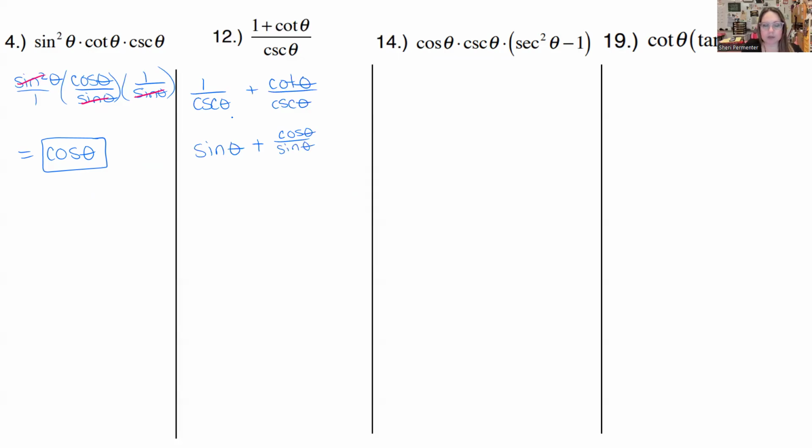You're going to change everything in terms of sine and cosine. Cosecant is 1 over sine. Okay, that was helpful because now I have denominators that match up. What happens when denominators match up? They cancel. So I am left with cosine. So I get sine plus cosine.